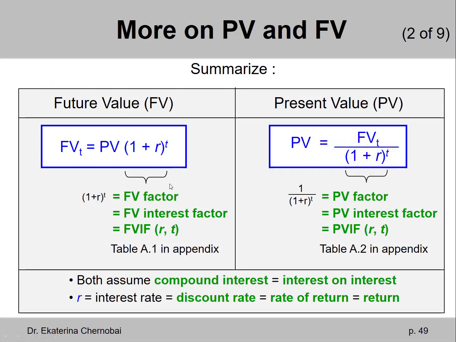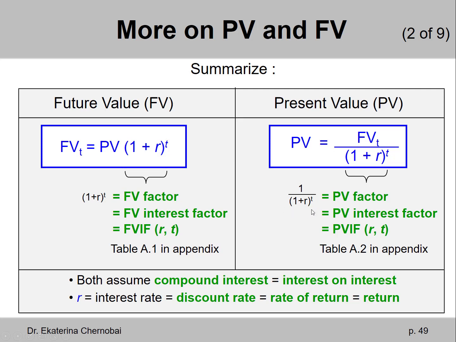The future value formula uses the future value factor, which is like a connecting link between the present value and the future value. If you instead want to go back from future value to present value, then we can multiply the future value by essentially 1 divided by the future value factor.